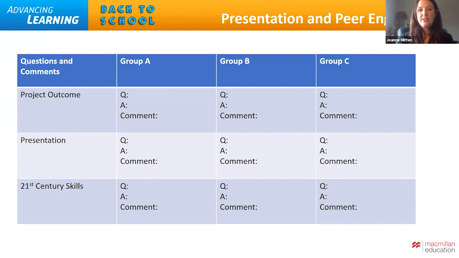When a group is presenting, students should be noting questions that they're going to ask the group that are presenting, and then they engage in that. At the end of the presentation, they ask them whatever they want to ask them. They note the answer down. They put in a comment if they have any sort of comments themselves, like this was really well done, or I think I'll do this next time.